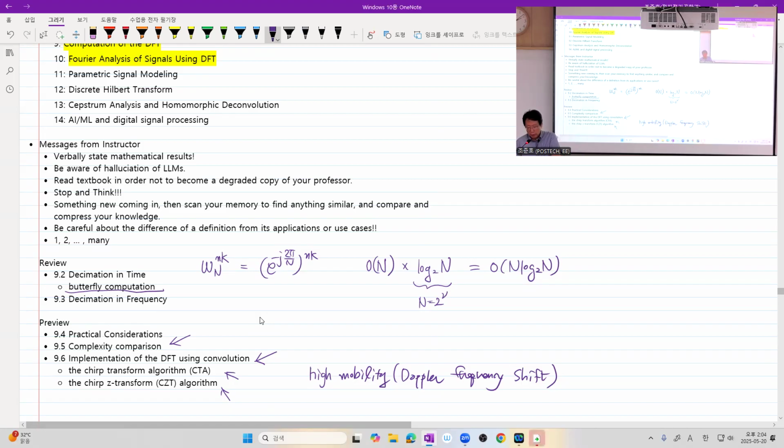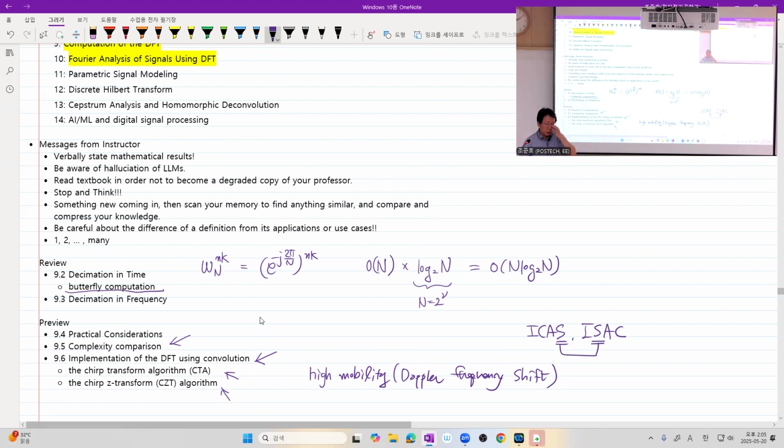nonlinear frequency shift. And also in so-called integrated communication and sensing, or sensing and communications, ISAC, where we want to combine digital communication and radar, especially for this sensing means usually radar.